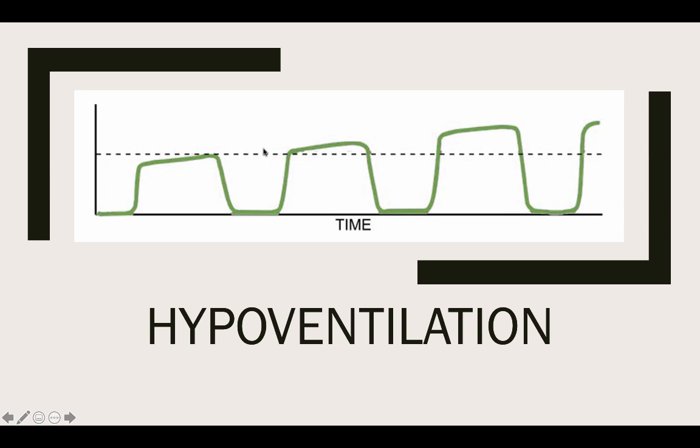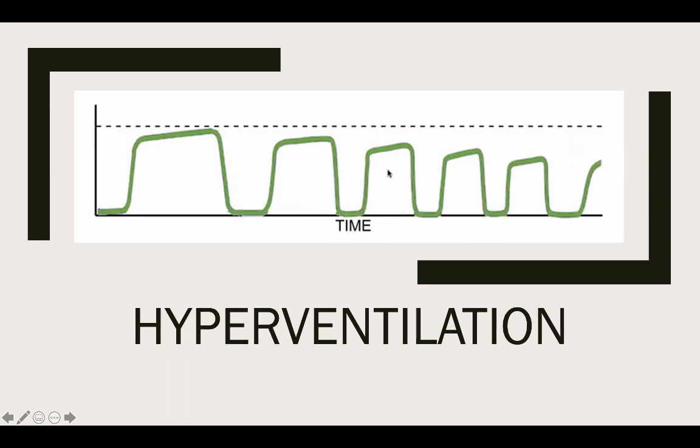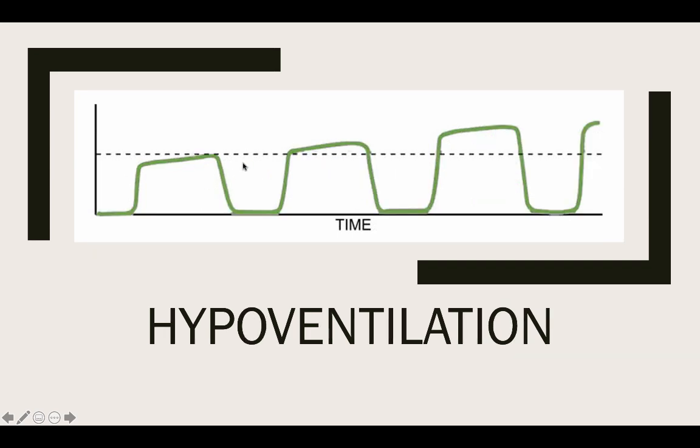Not because the waveform is changing, but because the frequency is changing. So with hyperventilation, the end tidal goes down but the wave looks the same. Hypoventilation, it's going up, but the wave looks the same.